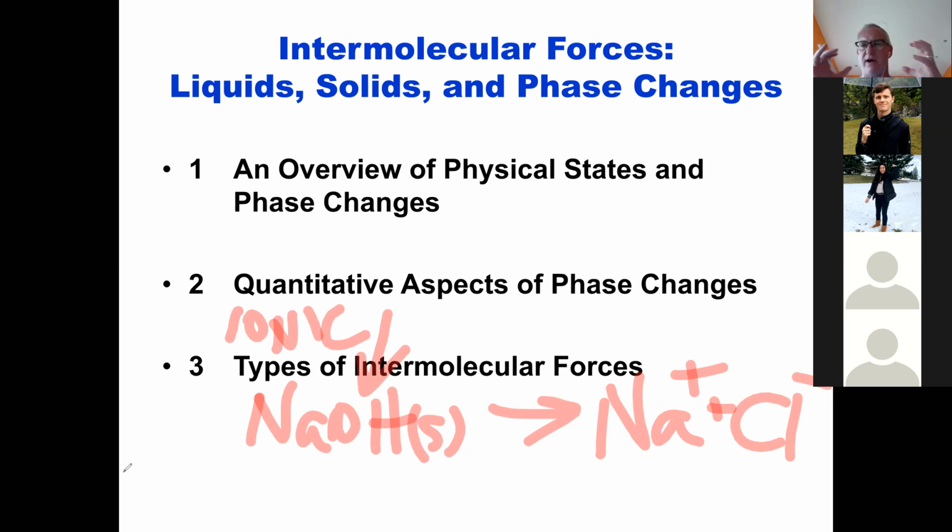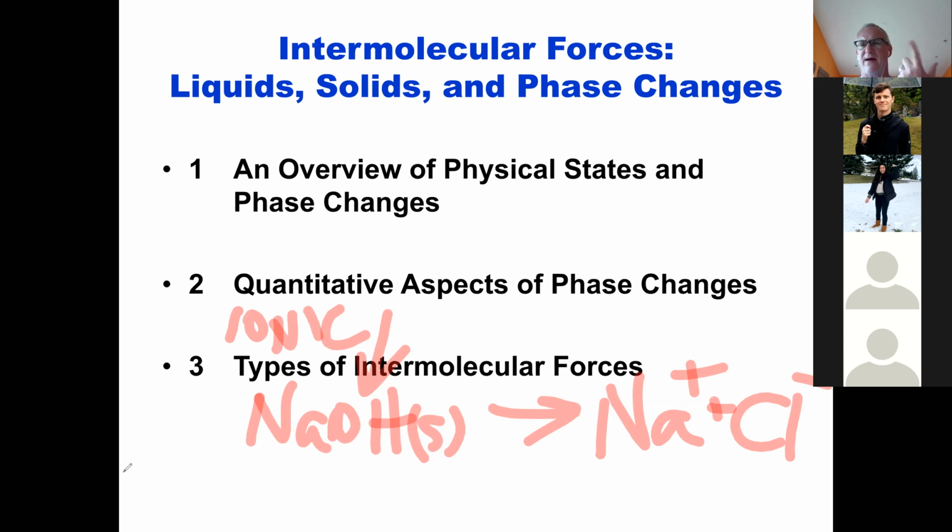It takes energy to break an ionic bond, because that's a fairly strong bond, if you remember. But we also found out that when we dissolve sodium hydroxide in water, it's an exothermic process. It actually releases quite a lot of heat. That was surprising, because it takes energy to break that ionic bond.